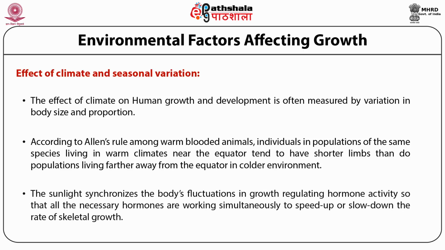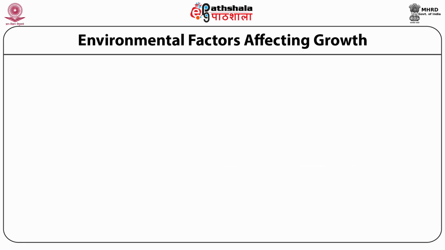What happens is that sunlight synchronizes the body's fluctuation in growth, regulating hormone activity so that all necessary hormones are working simultaneously to speed up or slow down the rate of skeletal growth. The seasonal variation in rate of growth in weight could be explained by seasonal food shortage and diseases experienced. Weight growth is clearly due to increase and decrease in energy balance during the year.